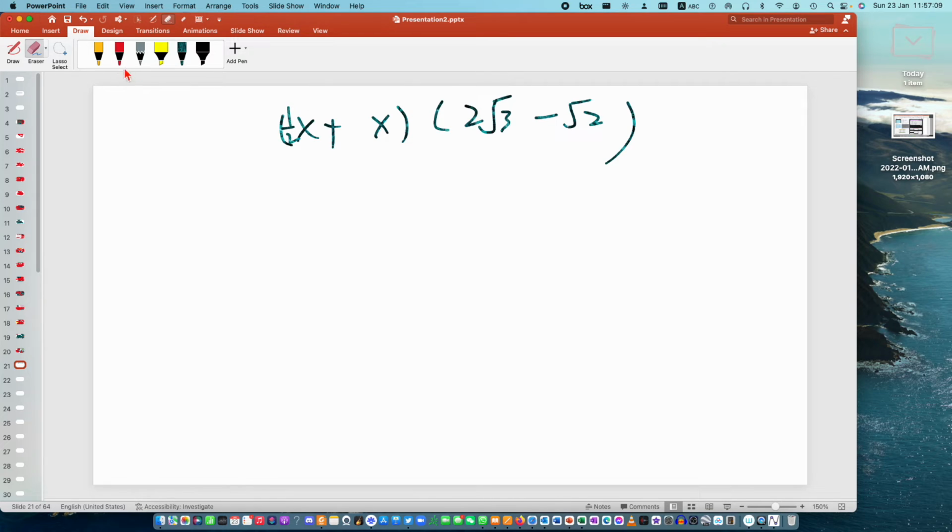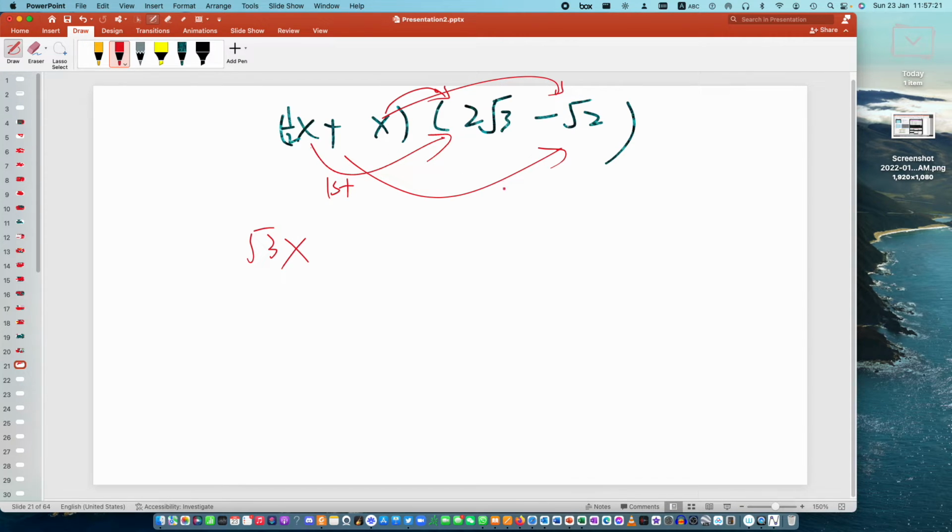Then you open the bracket. By the way, you shouldn't make mistakes like here, because if you make a mistake here, I can't save you. So this is square root 3x for the first arrow. I'm talking about this arrow. This is the second arrow. So half x this, then is half square root 2x.